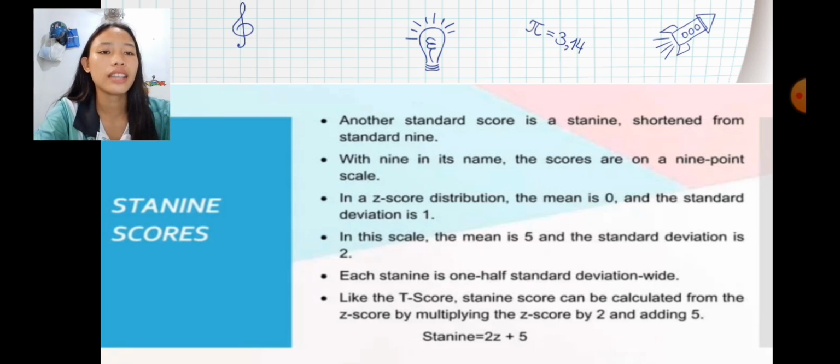In this scale, the mean is 5 and the standard deviation is 2. Each stanine is 1/2 standard deviation wide. Like the t-score, the stanine score can be calculated from the z-score by multiplying the z-score by 2 and adding 5. So we have here the formula: stanine equals 2z plus 5.